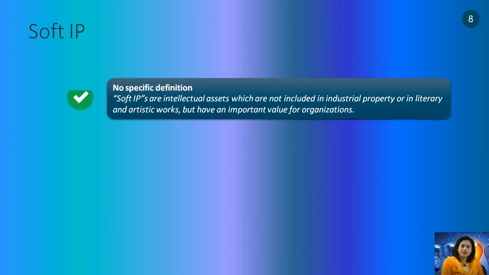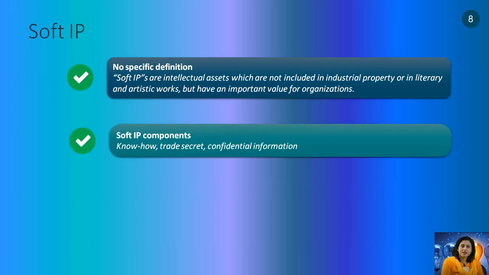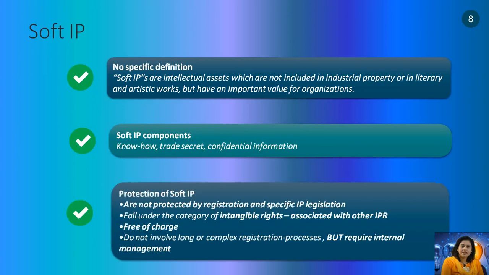Let us now understand what soft IP is all about. Soft IPs are intellectual assets which are not included in industrial property or in literary and artistic works but have an important value for organizations. The different soft IP components are know-how, trade secret, confidential information.